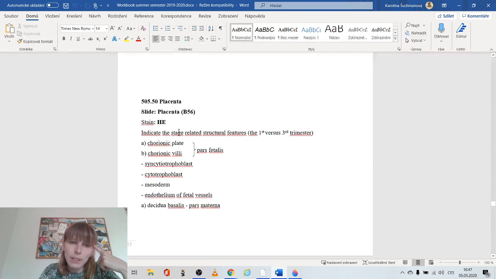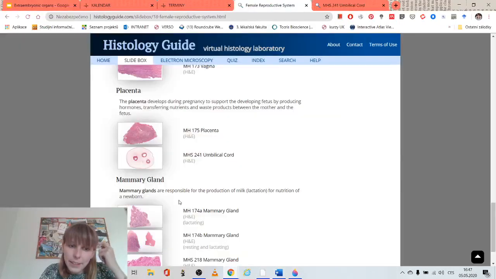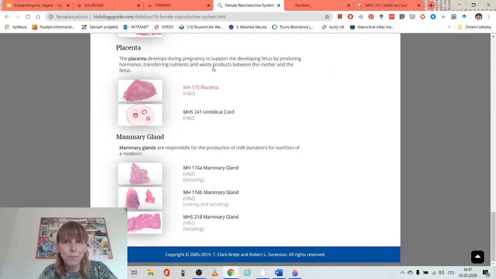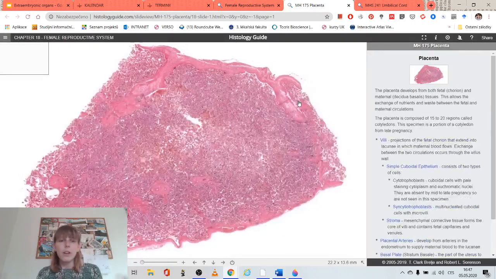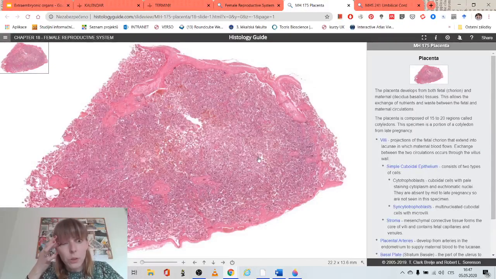So let's start with the placenta slide. So here we go. So overview, it's one big complicated messy structure, but you see here is this big solid area, so we want to take a look at that.